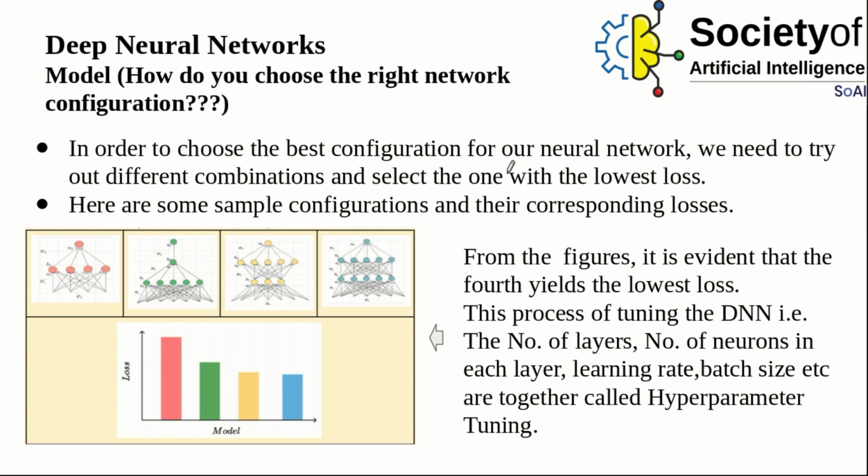Here are some sample configurations with the corresponding losses. From the figure, it is evident that the fourth yields the lowest loss. This process of tuning the DNN, that is, the number of layers, the number of neurons in each layer, the learning rate, the batch size, etc., is together called hyperparameter tuning.